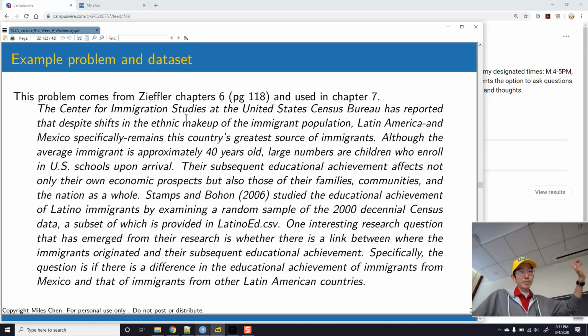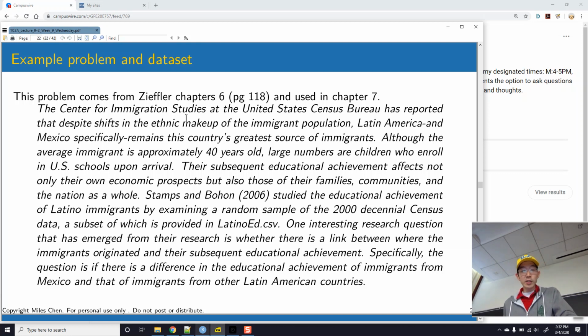Okay, so anyway, this is a study that the Center for Immigration Studies at the U.S. Census Bureau did, okay? And they were curious about the immigrant population from Latin America, and specifically Mexico. It says, although the average immigrant is approximately 40 years old, large numbers are children who enroll in U.S. schools upon arrival.